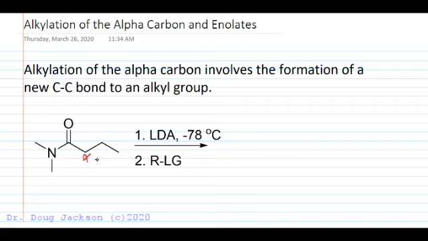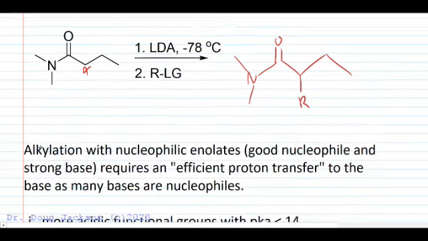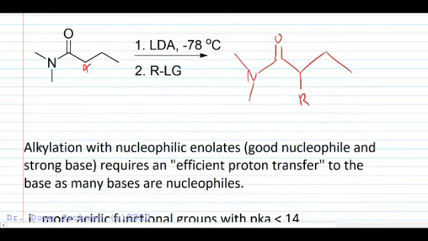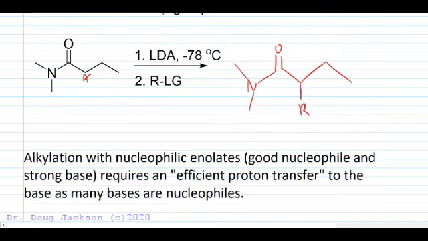Here we have a tertiary amide with an alpha carbon. What we're going to do is alkylate that alpha carbon with some group. If we just put that group on, we would be subject to the rules of an SN2 reaction, where we consider that the nucleophilic enolate that we're going to look at in just a moment is both a good nucleophile and a strong base.